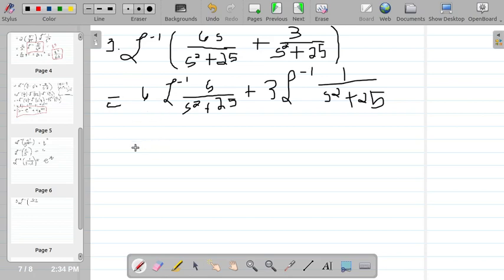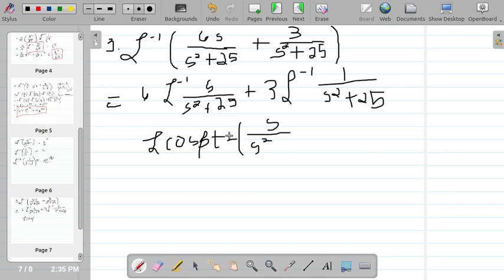So we all know that the Laplace transform of cosine beta t is s over s squared plus beta squared, which is beta squared in this case is 25.